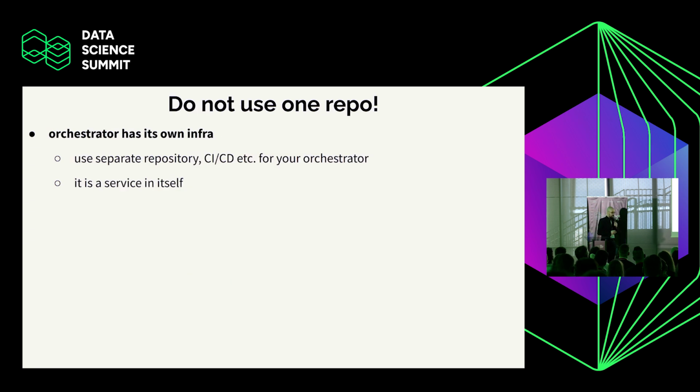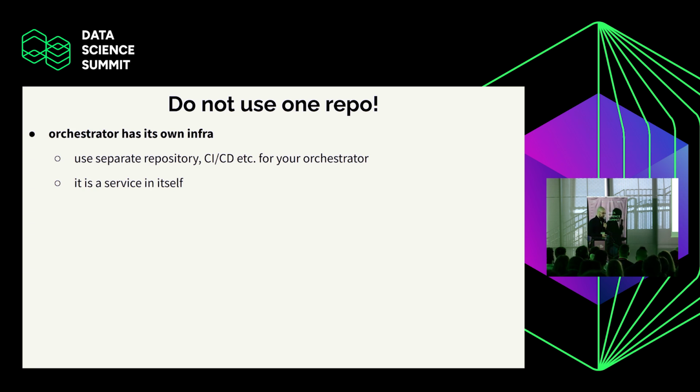So I personally do not like to use one Git repo for multiple orchestration projects because the orchestrator is an infrastructure in itself. It's a service. Large companies often have a separate infra team, for example, that only manages the orchestration.